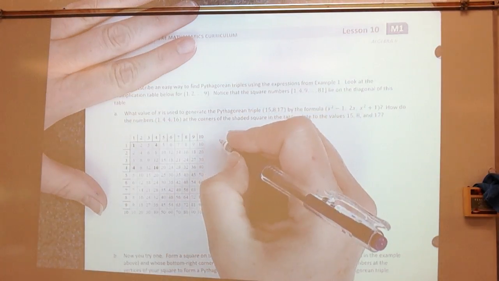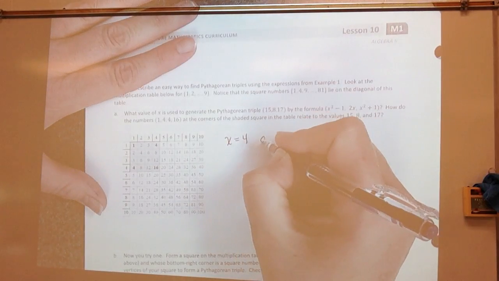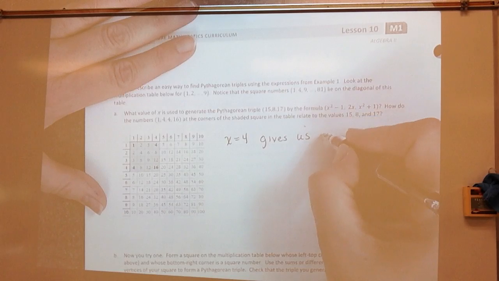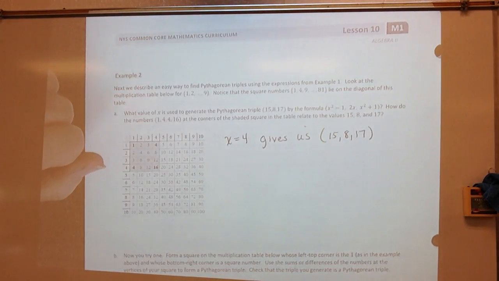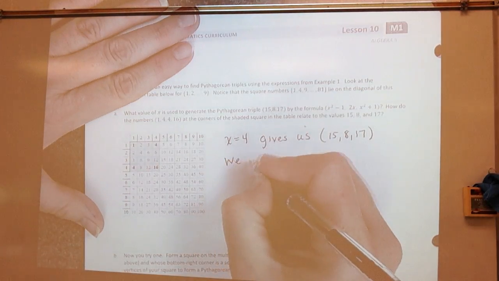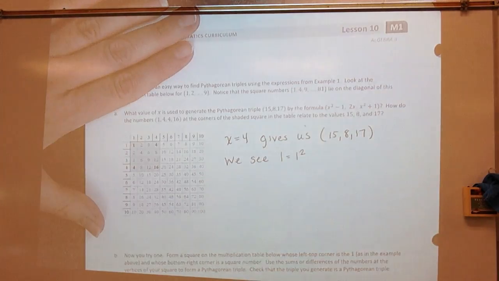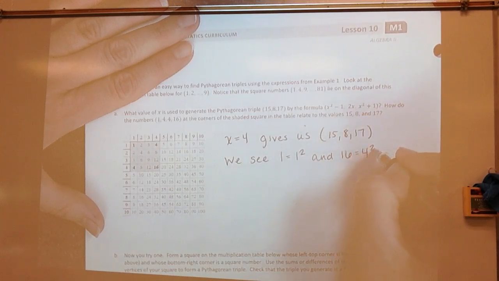So x equal to 4 gives us 15, 8, and 17. We already knew that. We see that 1 is equal to 1 squared, and 16 is equal to 4 squared.